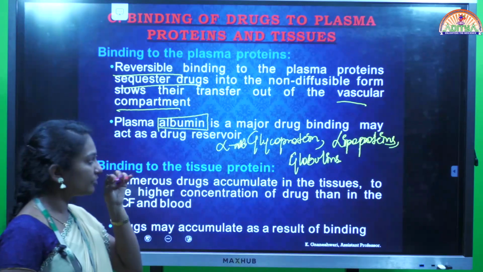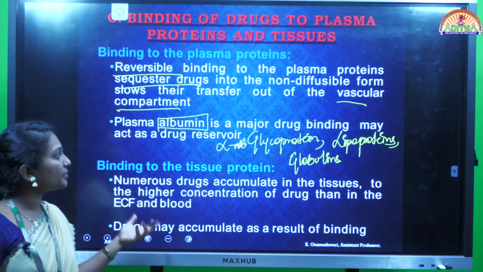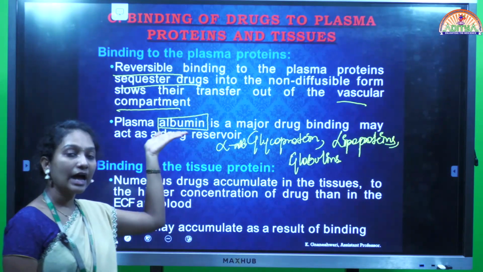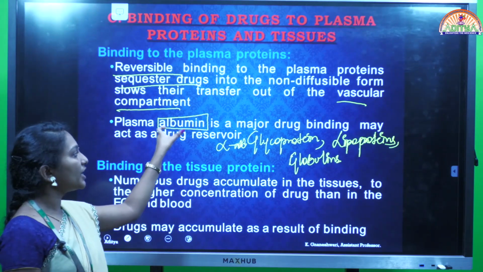So these are the different drug binding proteins that are generally present, where albumin is present in a higher content, and most of the drugs will be binding to albumin.